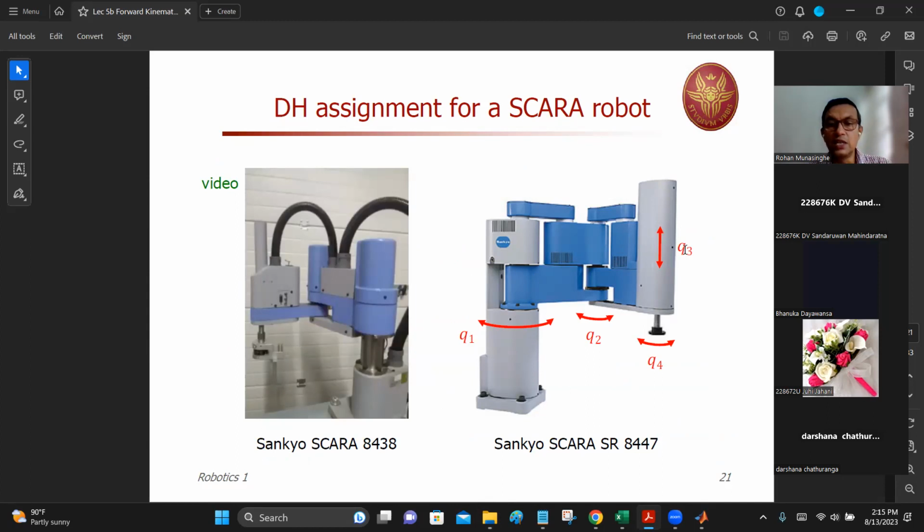These are two rotations. And then the third one is a linear actuator going up and down, a prismatic joint. And at the end, you can rotate.